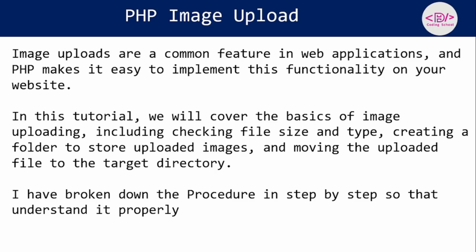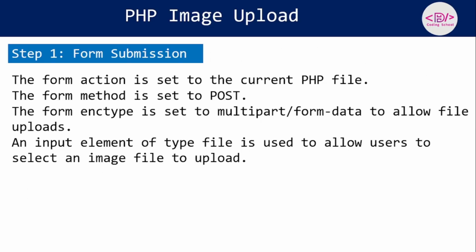Right now we are just going to use it to display the image on the UI, but really the code will remain the same. What will only change is that we'll get that image path and save it into the database. So let's jump into it and see how we can do a PHP image upload.